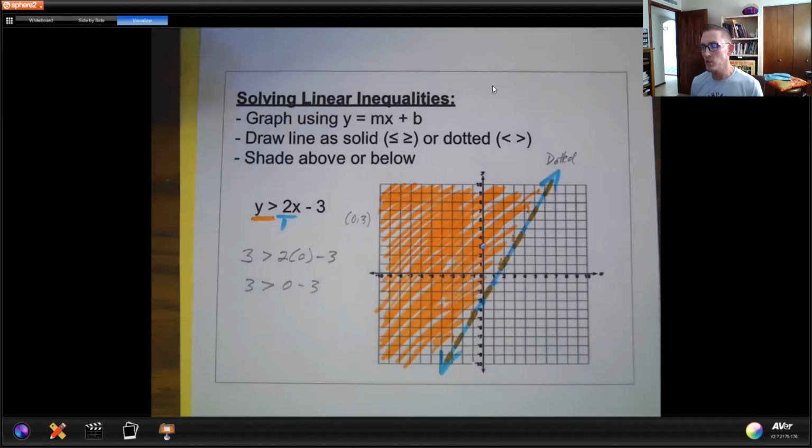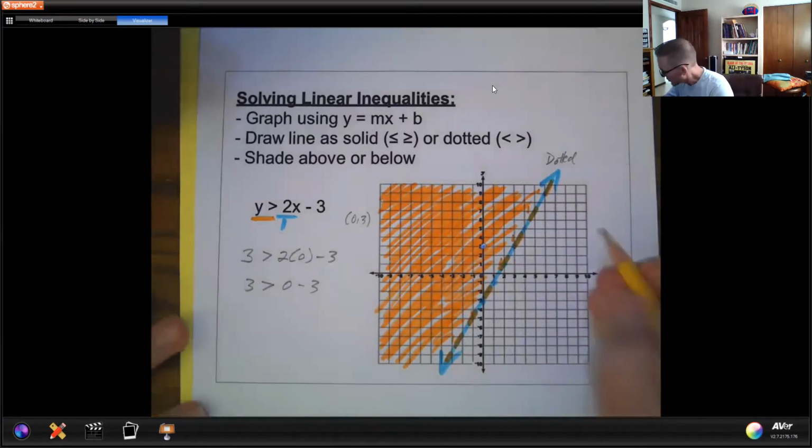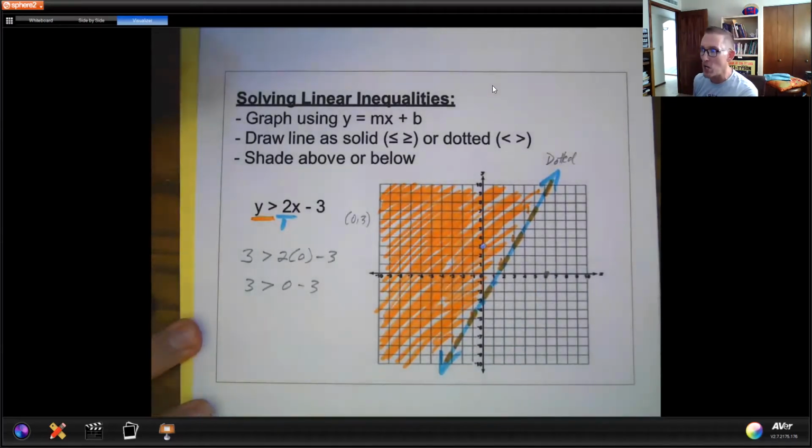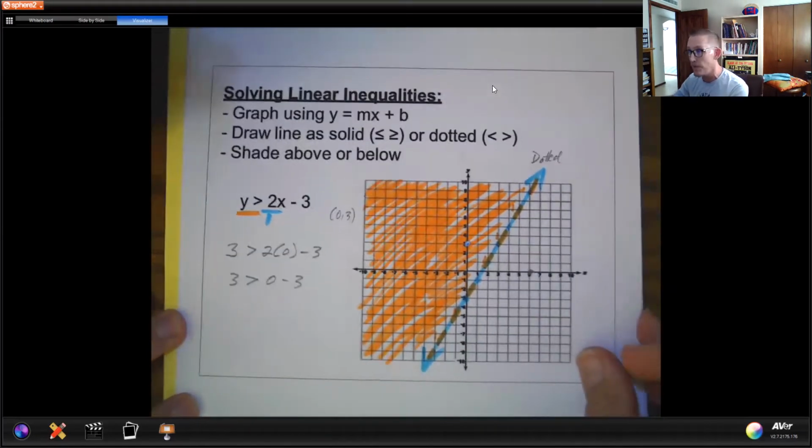So if you want to try and figure out which side to shade, pick a point in that portion of the graph, and if it makes a true statement, then you shade that side. If it makes a false statement, then you know that you picked the wrong side. So let me show you. I'll pick this point right here, clearly in the unshaded area, so it should fail.